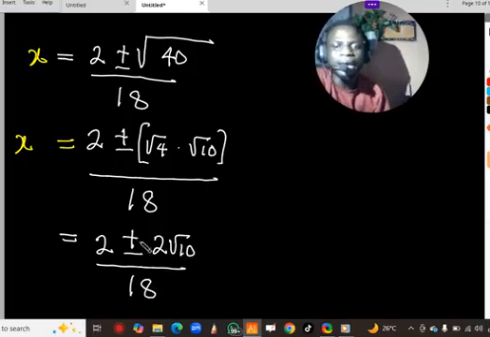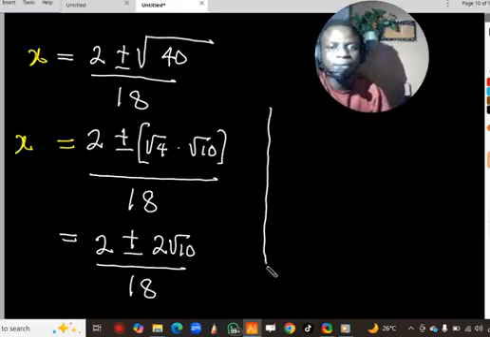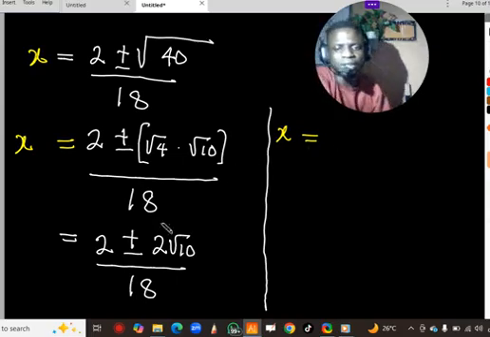Alright. Now we can factorize. 2 is common here. Before that, let's just find the values of x separately.